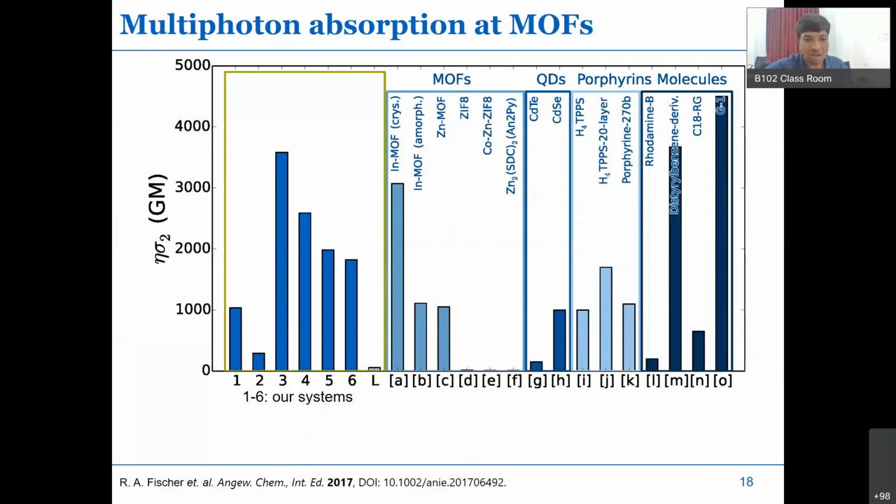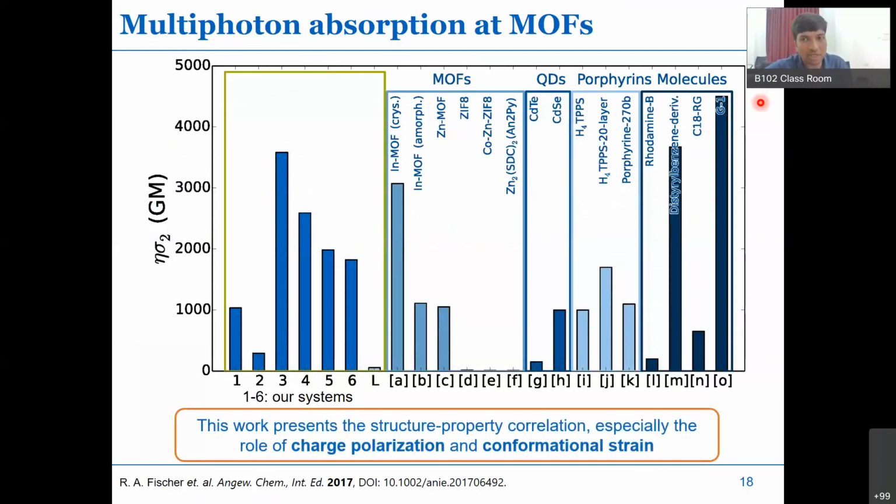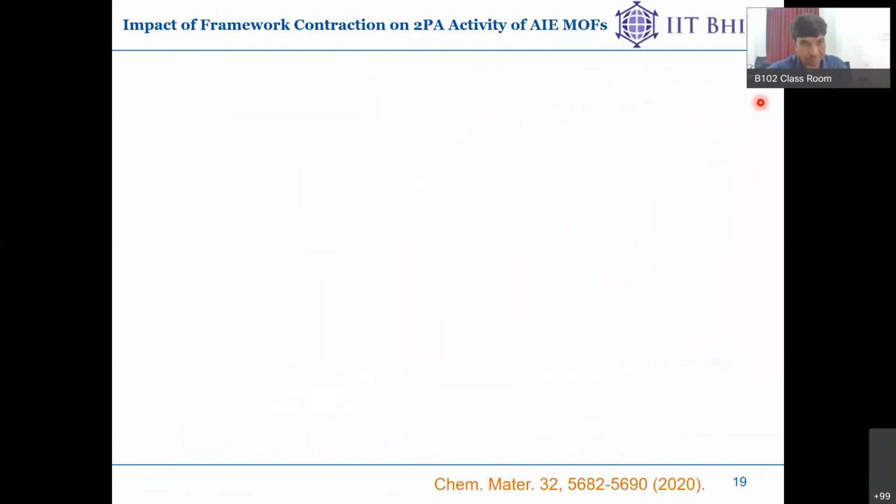We are one of the best. There are dendrimers which are better than us, but they have their own limitations compared to ours. So until this work, I have shown the structure property correlation and controlling the tunability of the material by using charge polarization and conformation strain to produce a material which shows very good multiphoton activity.